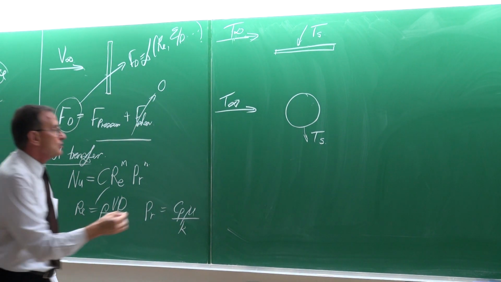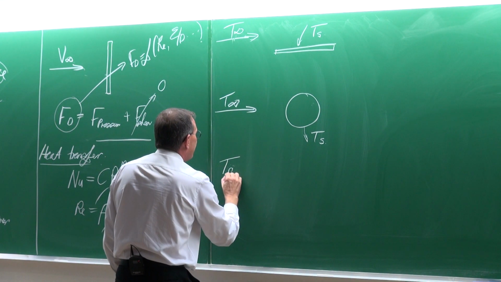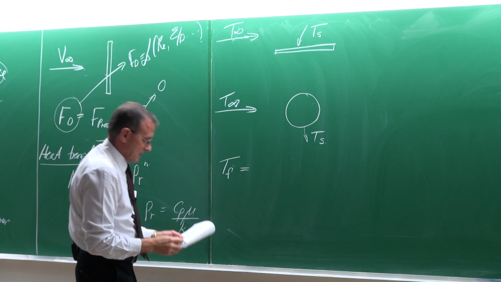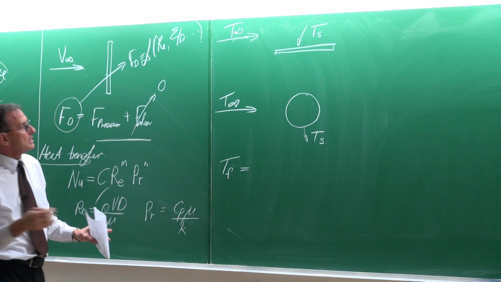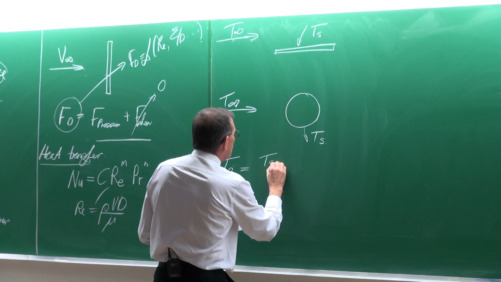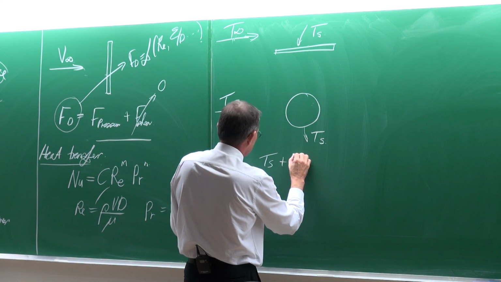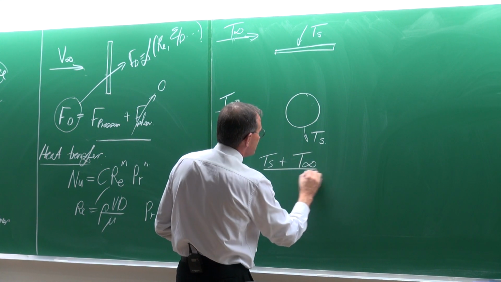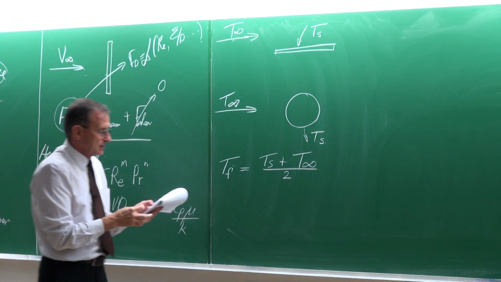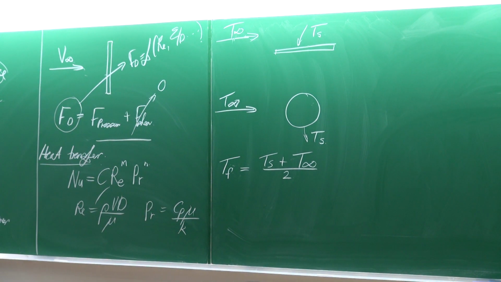What we normally do is we define what we call the film temperature. And the film temperature is then the average of the wall temperature or the temperature of the surface plus the free stream temperature, divided by 2.